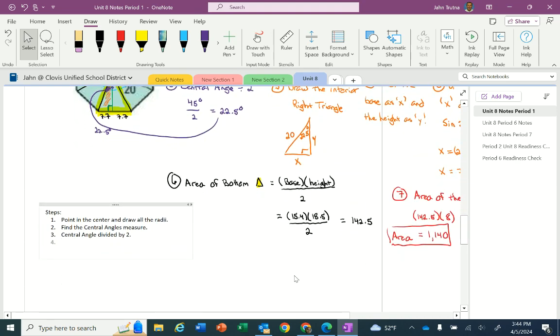Step number 4: draw a height in the bottom triangle.